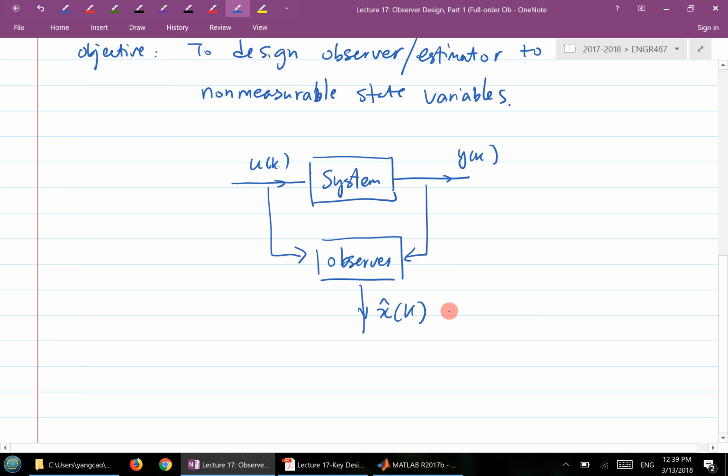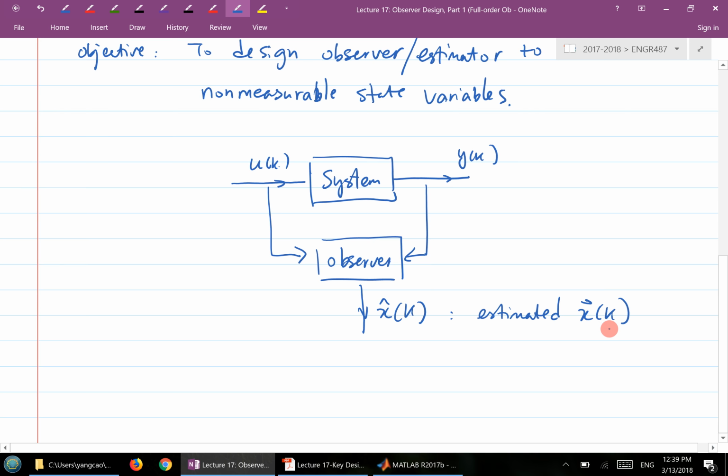This is called the estimated x of k. That's not an accurate description, it's an estimate, but if your observer is designed appropriately, this x hat of k will eventually be the same as the actual x of k.